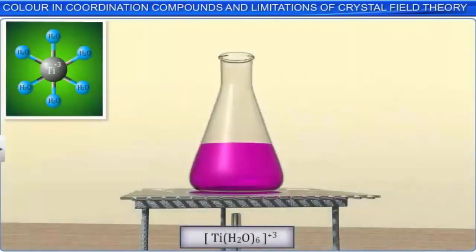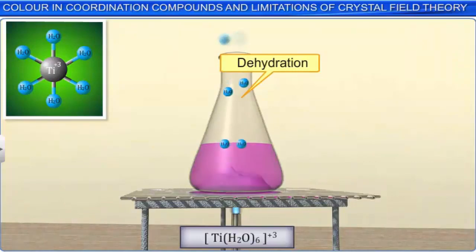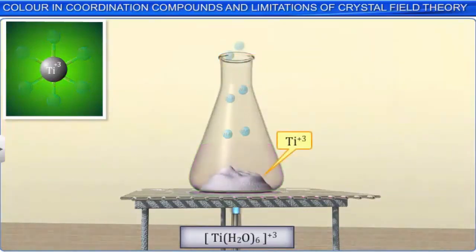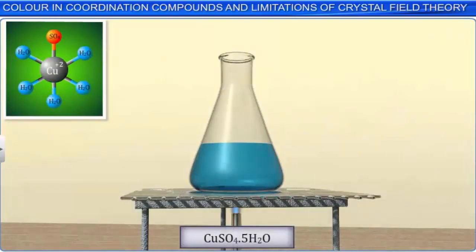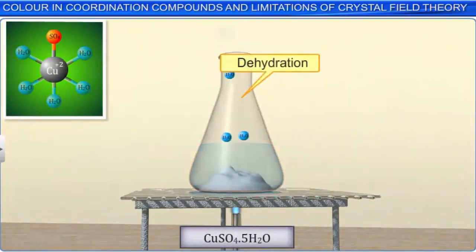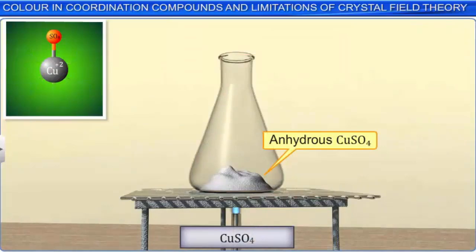For example, when hexaaquatitanium(3+) is dehydrated by heating it, it becomes colorless. Similarly, hydrated copper sulfate is blue, while anhydrous copper sulfate is colorless.